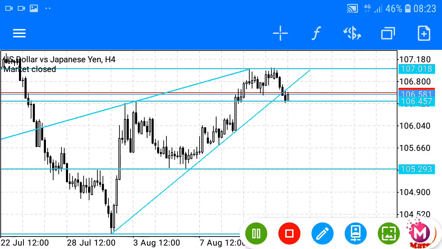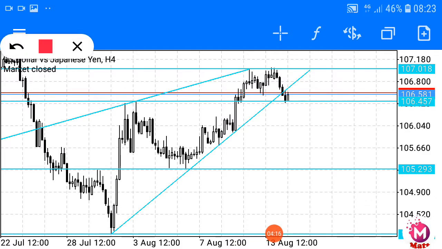So what I'm going to do is I'm going to open pending orders as sell stop at this area, just a little bit below the previous around this area.